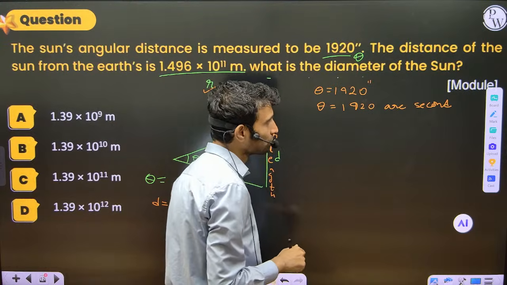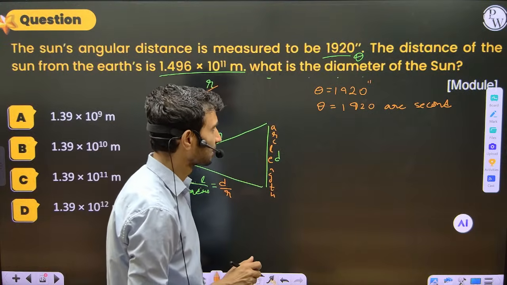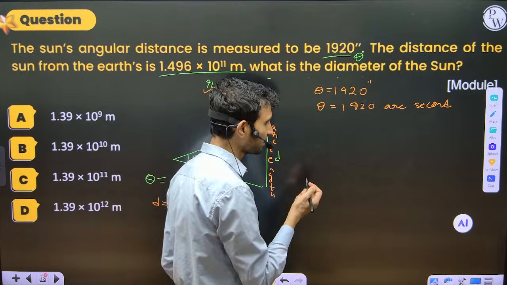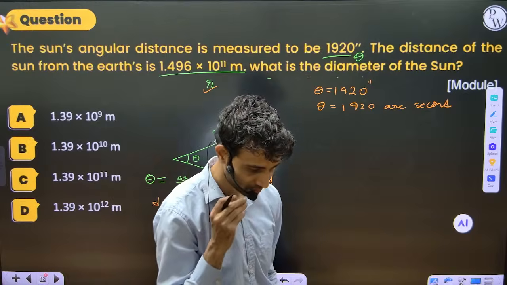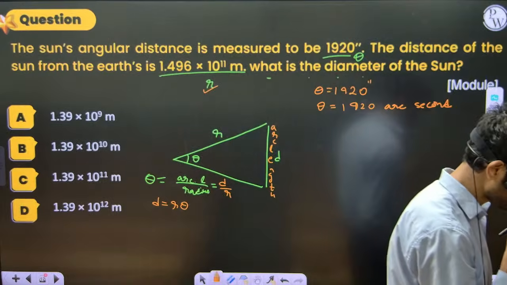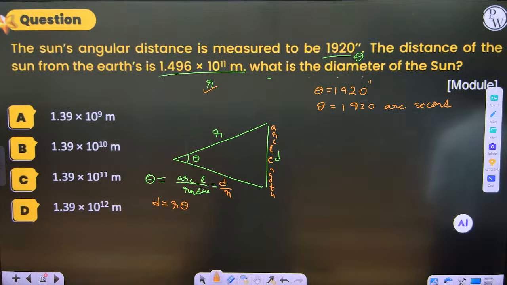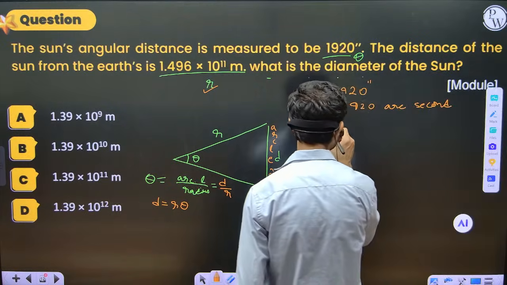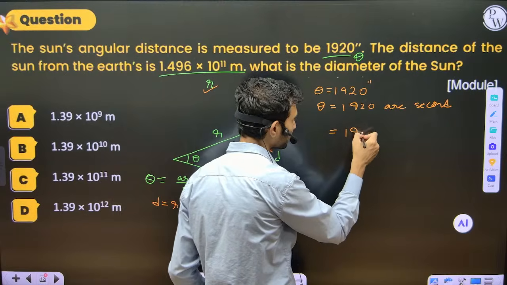Right, so theta is given in arc second. That's the problem. We'll have to convert it into which unit again? As you know, the standard unit of angle is radian. So you'll have to convert it into radians.